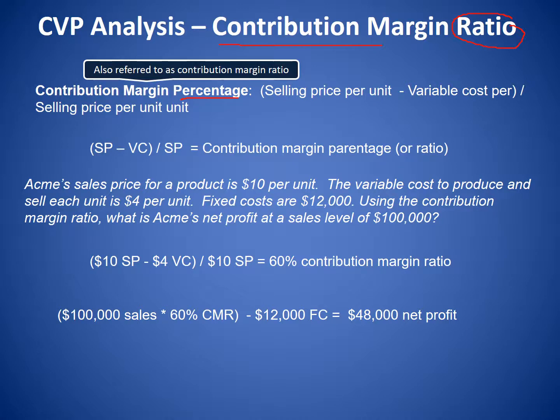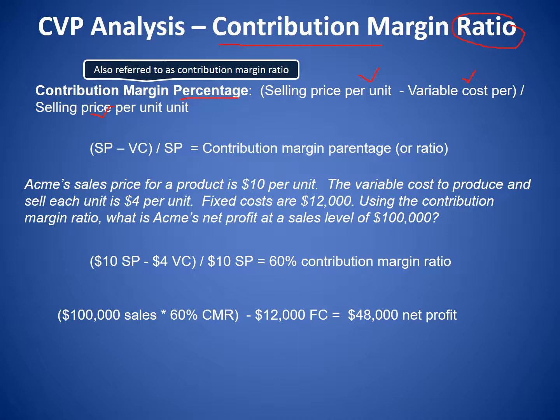Now, the equation to calculate the contribution margin percentage is adapted from the unit contribution margin. Again, it's our selling price per unit minus our variable cost per unit, divided again by the selling price per unit. So the contribution margin is, in effect, a percentage of the selling price.